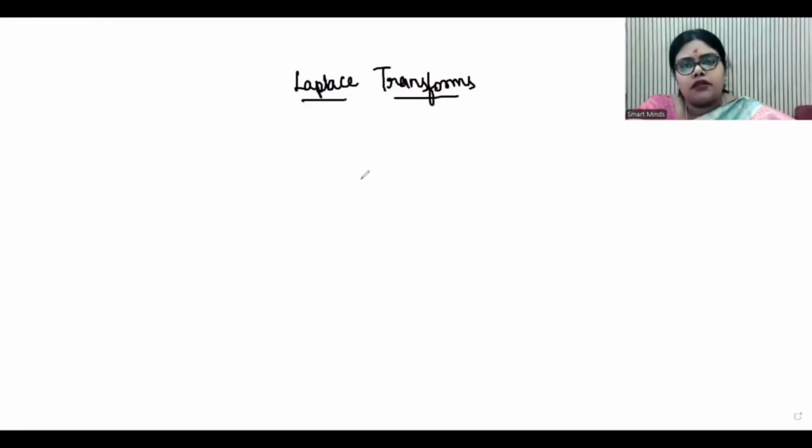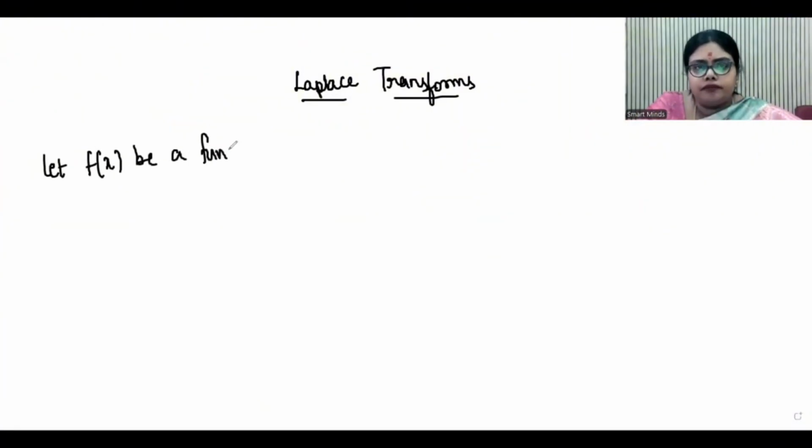So let us get started with Laplace transforms. So first let me give you the definition for Laplace transforms. Let f of x be a function defined for every positive x.